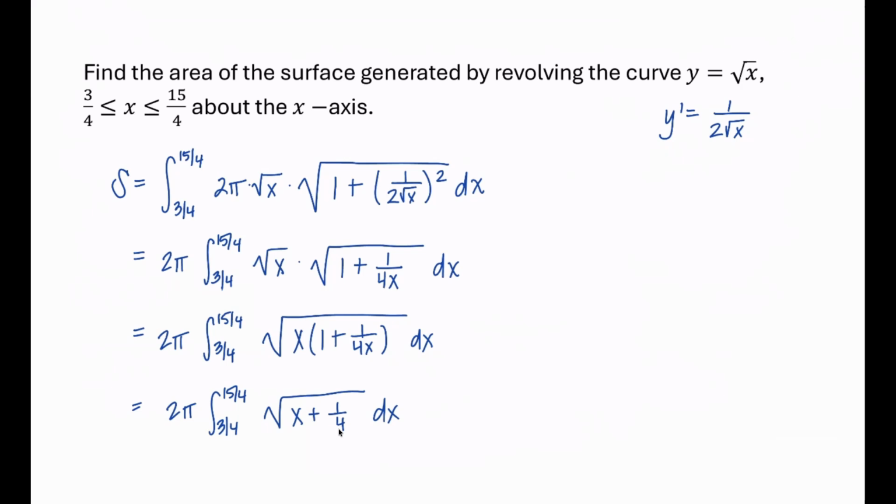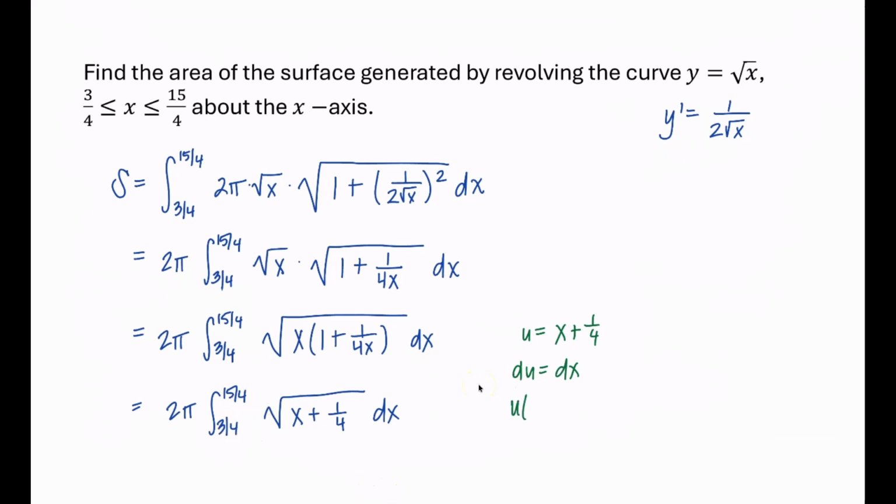We're going to do this with a u substitution. So I'm going to let u equal x plus 1/4. Then du is just dx. And I'm going to change my limits of integration because these are x values. I'm going to turn them into u values. So even though these were weird fractions, this is going to work out quite nicely.